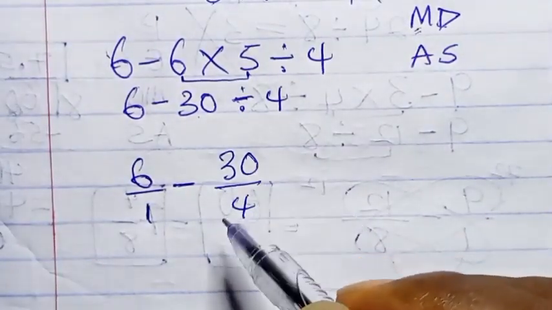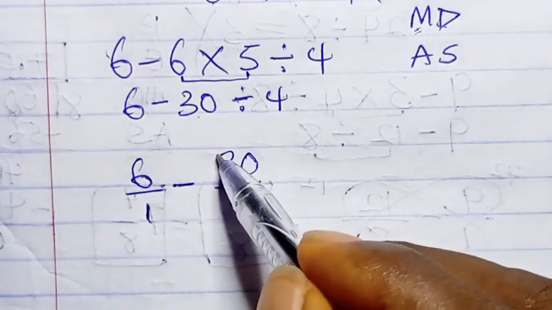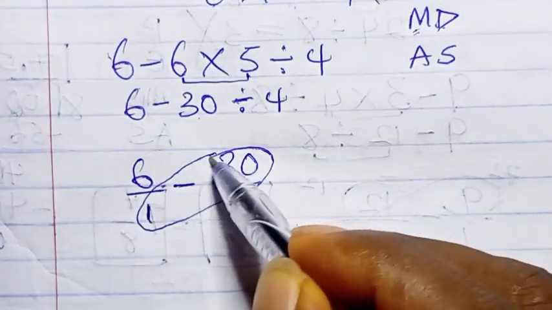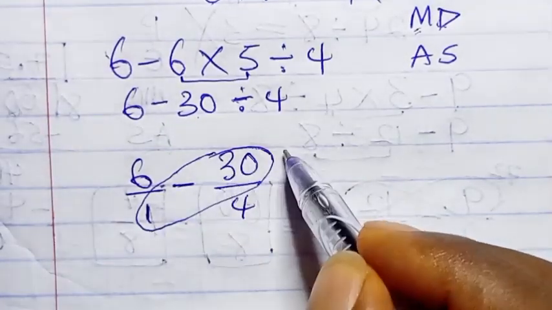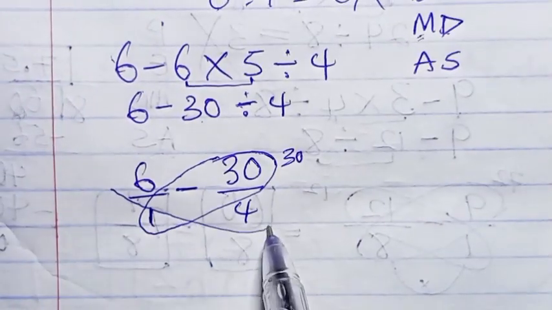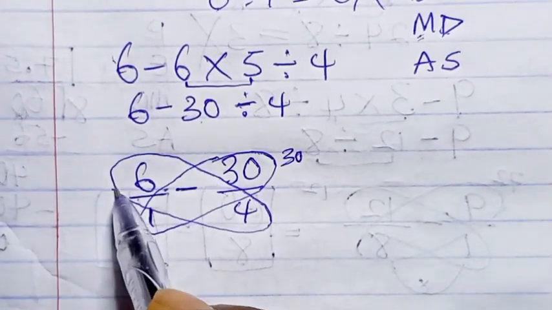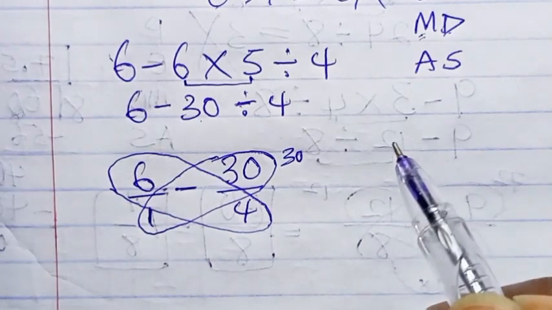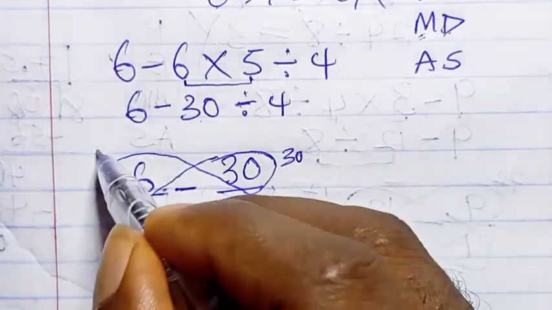So let's use the butterfly method for this. If we draw the first wing of the butterfly like this, 30 times 1 will give us 30. Let's draw the second wing of the butterfly. 6 times 4 is going to give us 24.